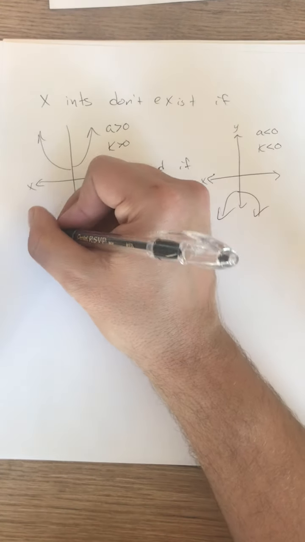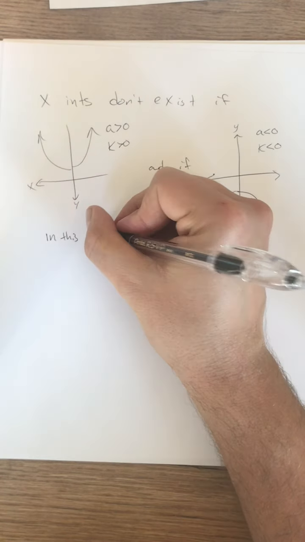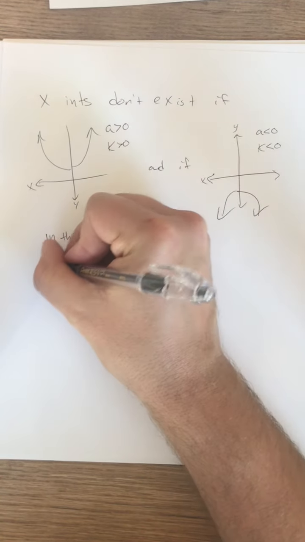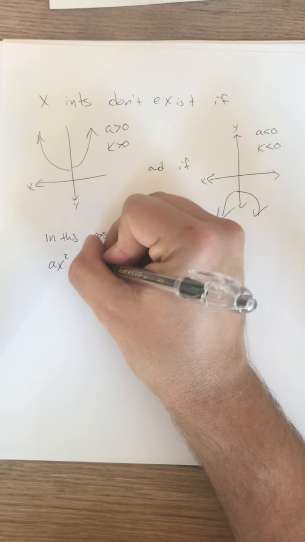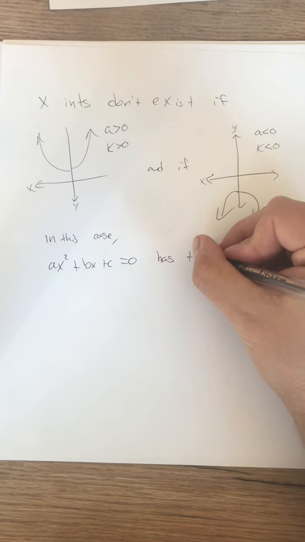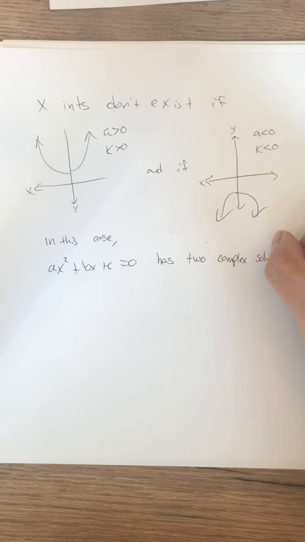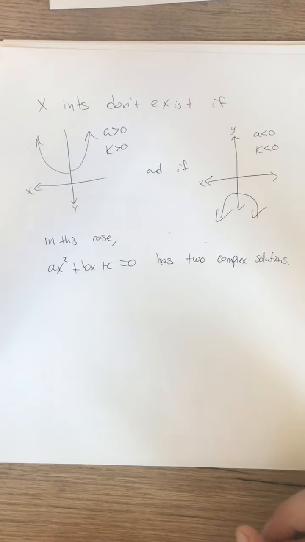So what we would have here is ax squared plus bx plus c equals 0 has two complex solutions, non-real complex.